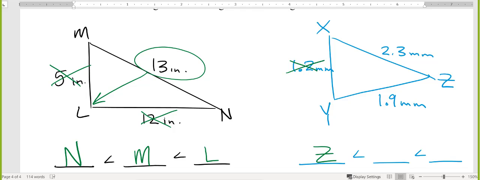The middle side length is 1.9. The angle opposite that side is angle X. That's the middle angle. Now I've already used the 1.9. My longest side length was 2.3. It's opposite my largest angle, which is angle Y.